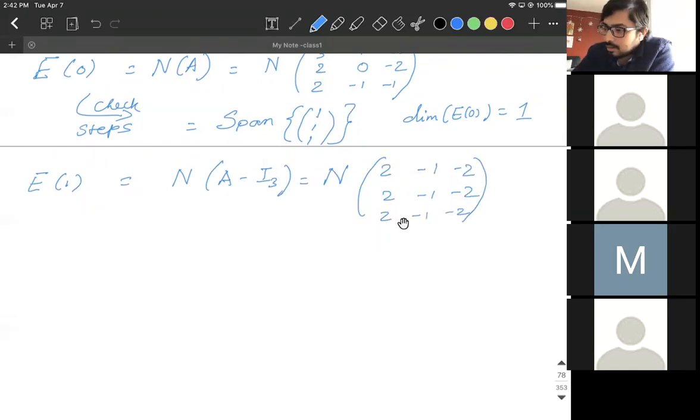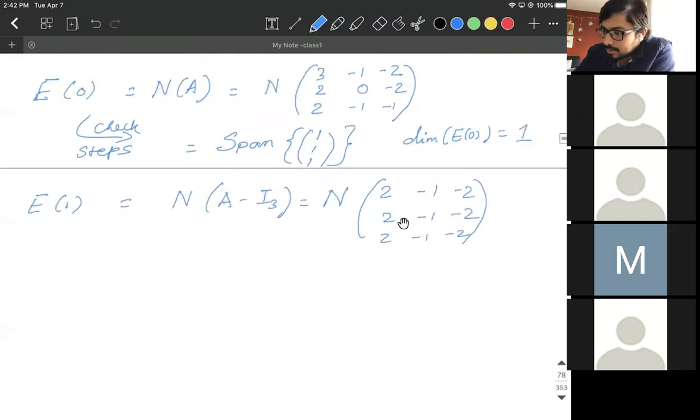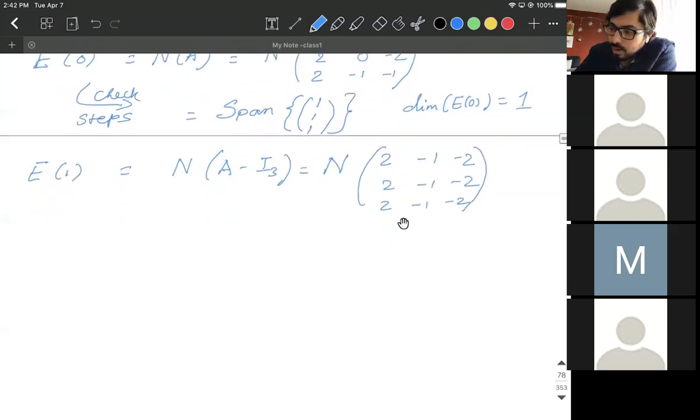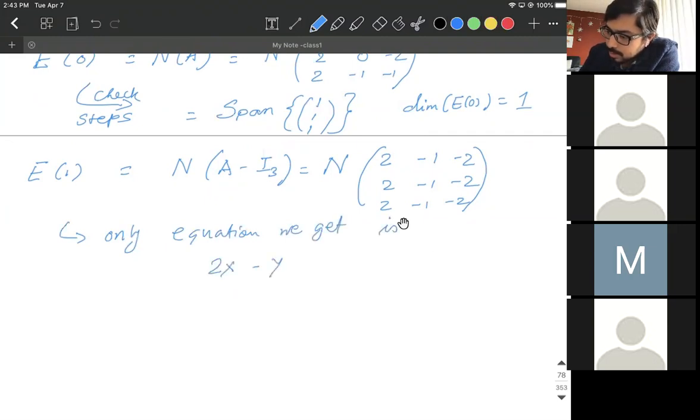So this is even simpler to calculate, because you can just subtract row 1 from row 2 and row 3. So here the only equation that we have is 2x minus y minus 2z equals 0.